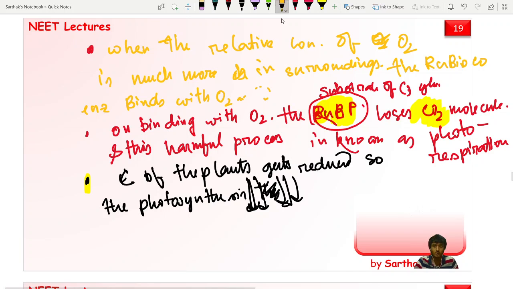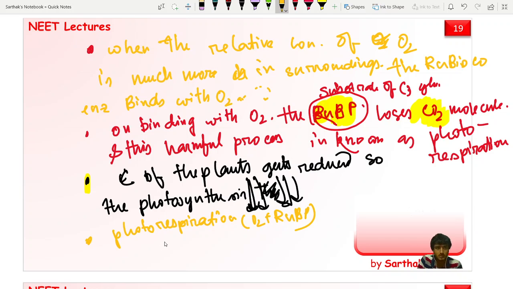And in photorespiration, in which the binding of O2 occurs with RuBP, ATP is also utilized. So photorespiration is an absolutely harmful process, the binding of RuBP with O2.